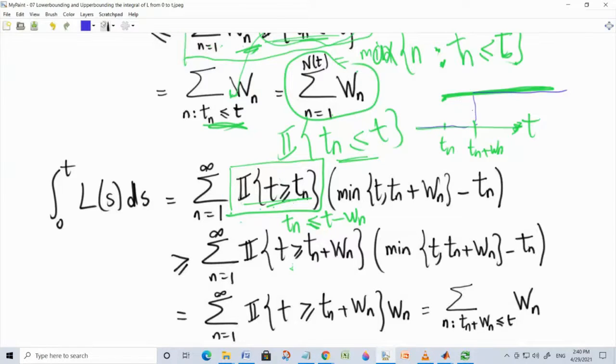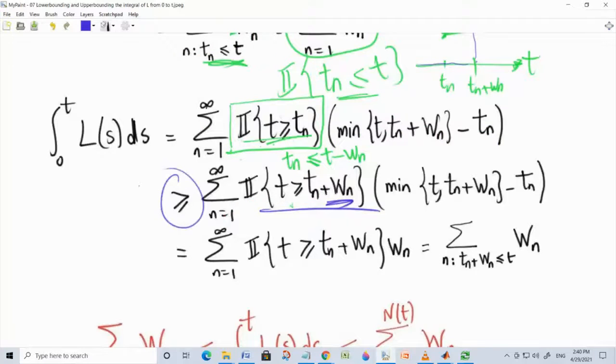So the green function is greater than or equal to the blue function, which means that the blue function is a lower bound. So this is exactly what is done here. So here the trick is a very fine trick. It's basically just insert this plus Wn, and then you have greater than or equal to.